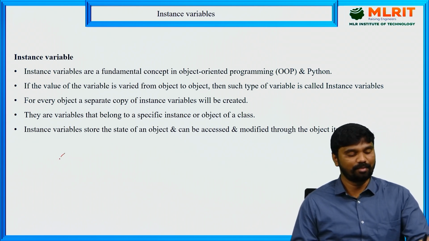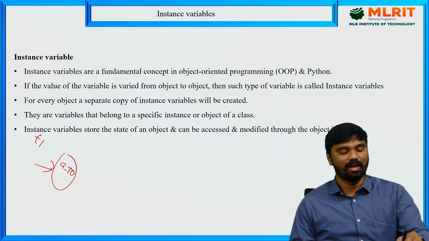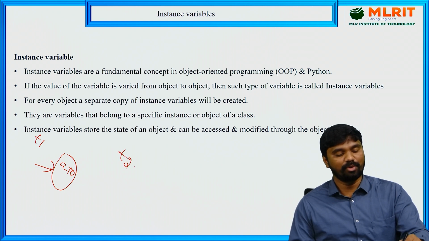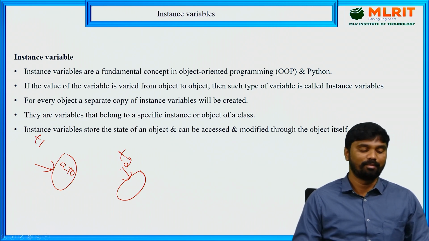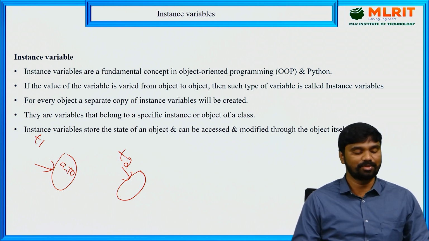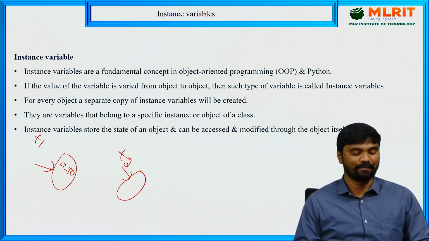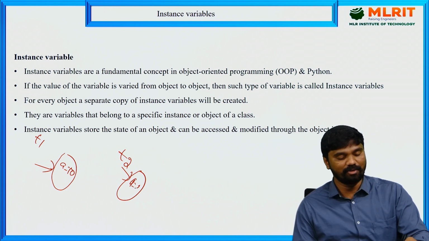For example, this is the t1 object, and in this t1 object the instance variable value might be 10, and this is the t2 object of the same class. The t1 and t2 objects belong to the same class, but here the instance variable a is 10, and here the instance variable value is 20.